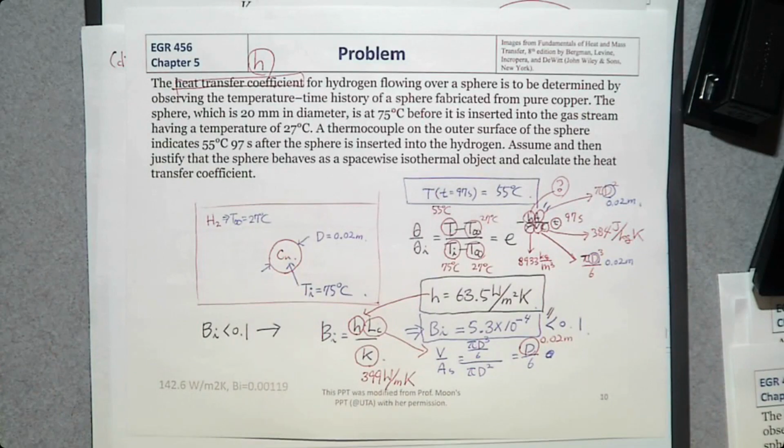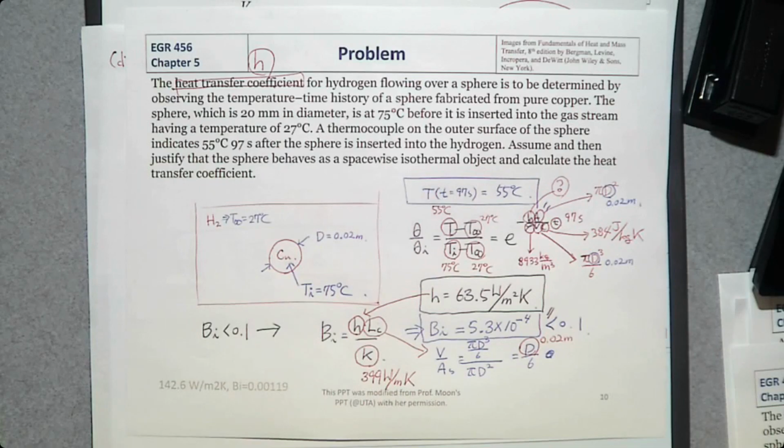Then you cannot use that equation. Yes, so that equation is only valid when Biot number is less than 0.1. Then you can use lumped system analysis.